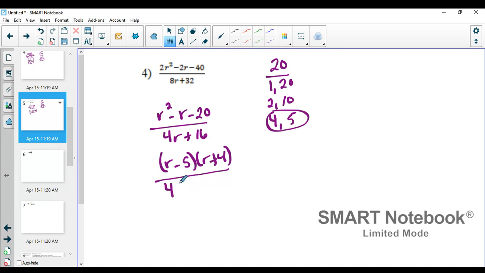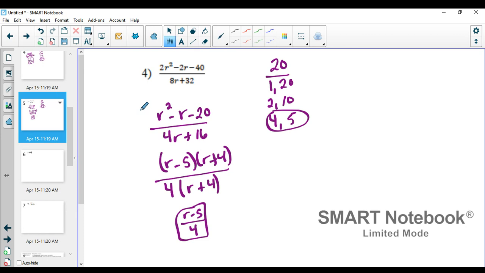So we have 4, and then 4r divided by 4 is just r, and 16 divided by 4 is 4. And now we have r plus 4 in both the numerator and the denominator, so those cancel. And we're left with just r minus 5 over 4. All right, and that's our final answer for that one.